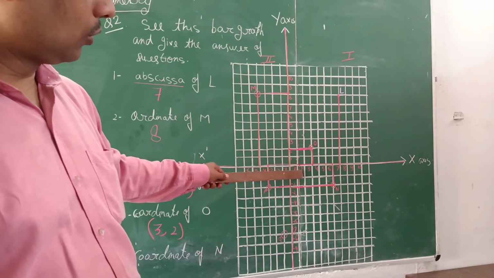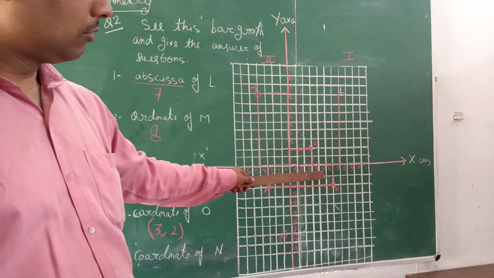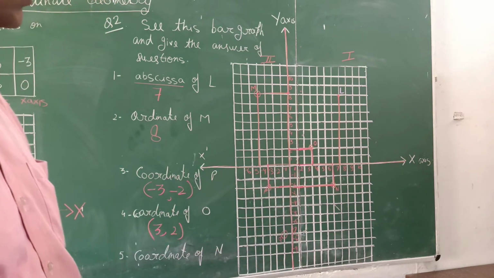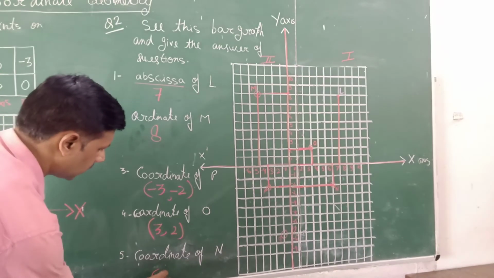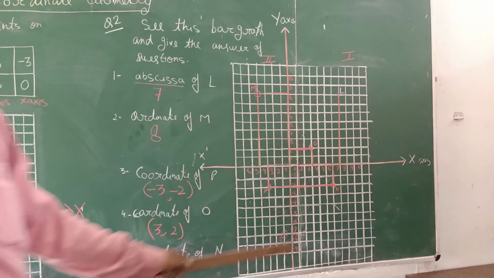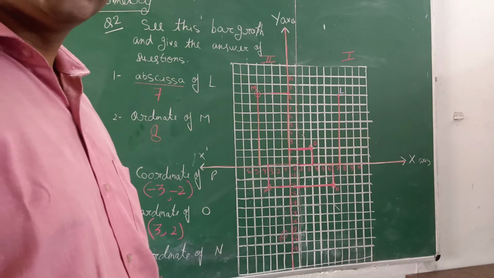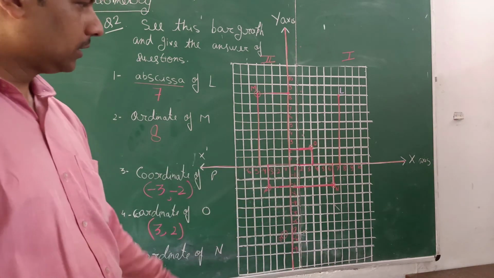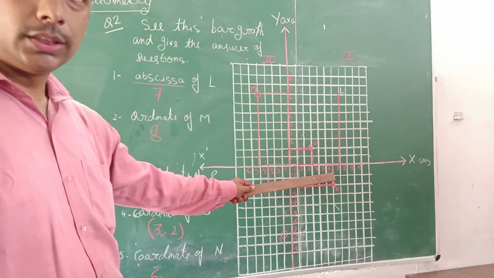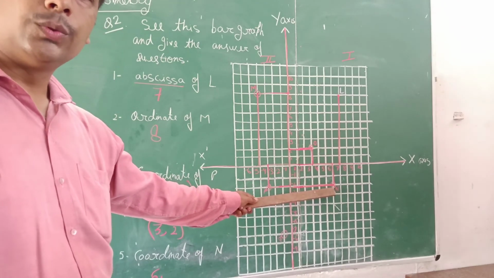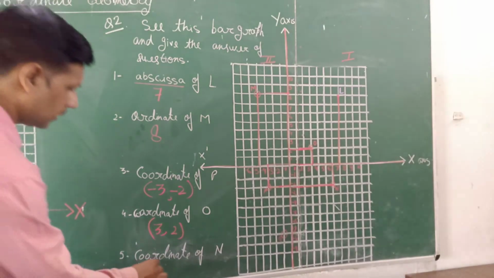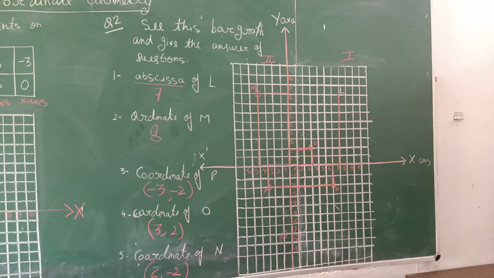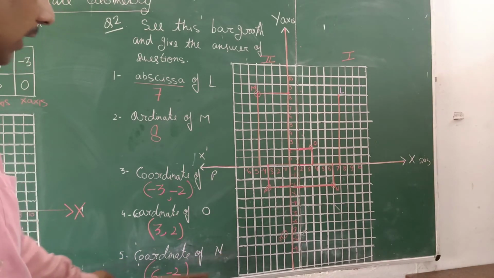So 1, 2, 3, 4, 5, 6. It is at 6 units distance. So write it here 6, comma. Now count the distance on the y-axis and take the negative sign if the point is below the origin. So -1, -2. Write it here -2. So 6, -2 is the coordinate of point N.